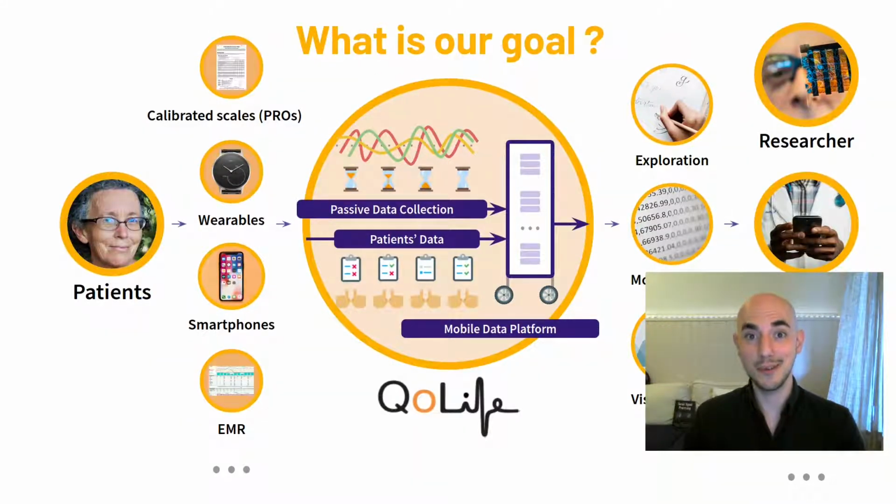So this is our goal, but exactly how are we doing that? So first we have our patient or participant in our study. We're asking them to fill in some surveys at the beginning and end of the studies.